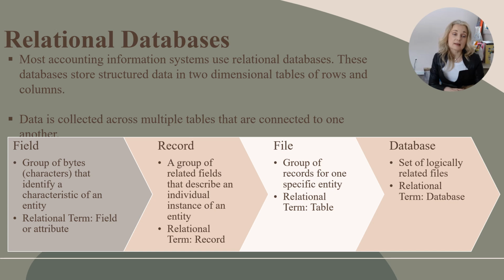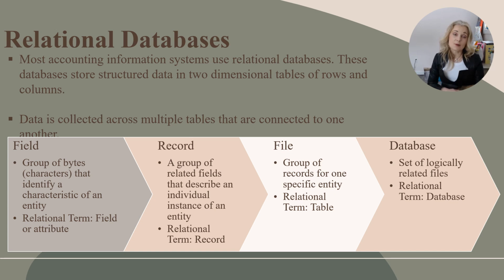And the information that's contained within a relational database from smallest to largest, you start with a field, which is a group of bytes or characters that identify the characteristic of an entity, and the field is an attribute. Then we have records, which are a group of related fields that describe an individual instance of an entity.